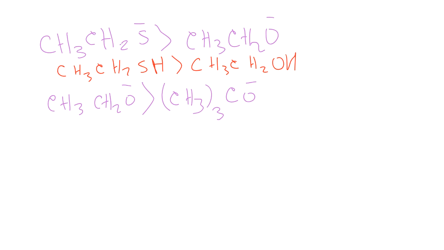So which one is a better nucleophile in this case? Consider the size of oxygen compared to sulfur. If this is coming from a stronger acid, it is a weaker base. SH is a stronger acid than OH. So there are a few factors, but what affects the nucleophilicity?